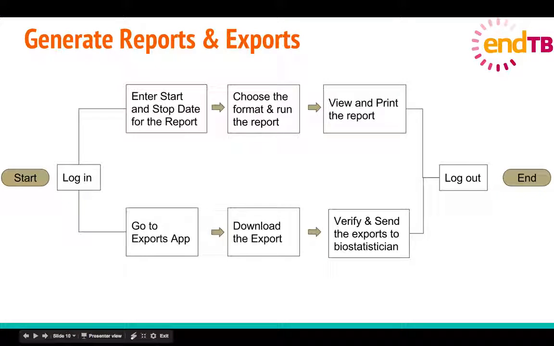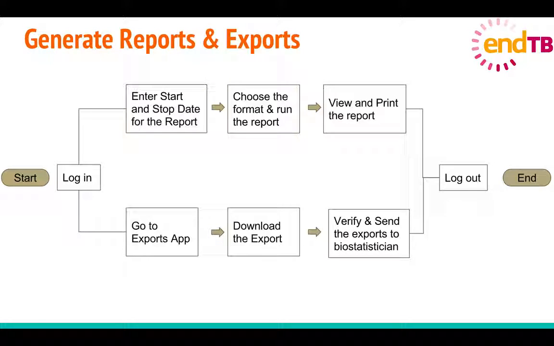So apart from this, what Garvine also does is that he also generates reports and exports. So for this, he has to choose the report, give the right start date and the stop date. He would choose the correct format and then run the report.